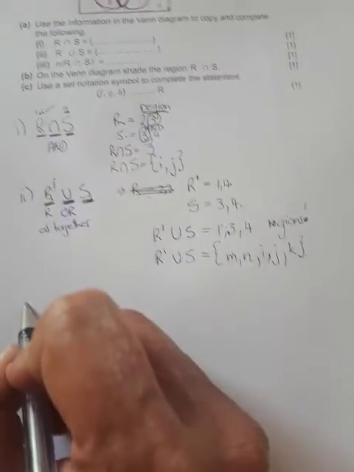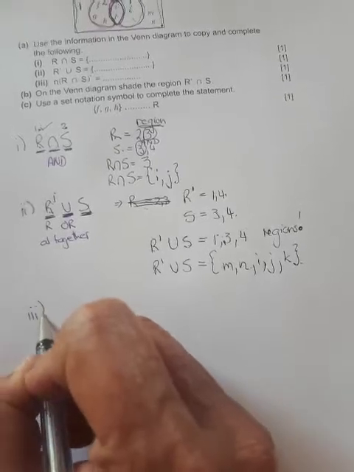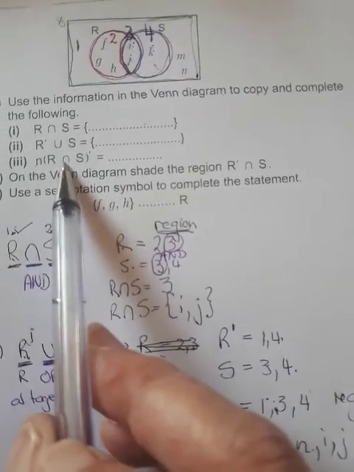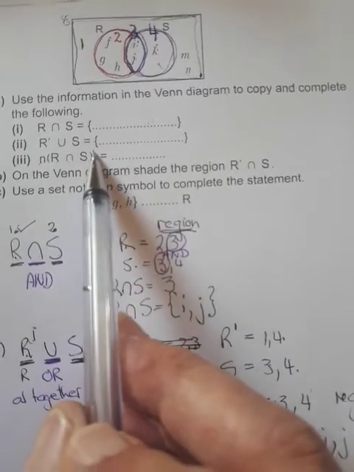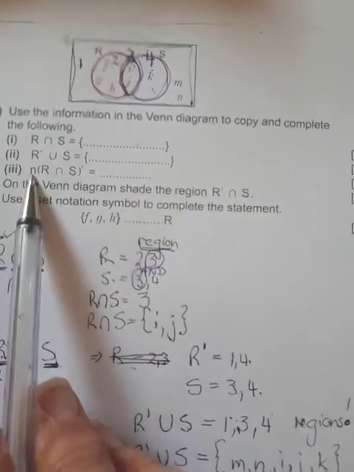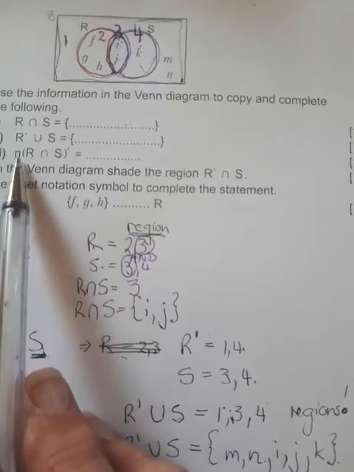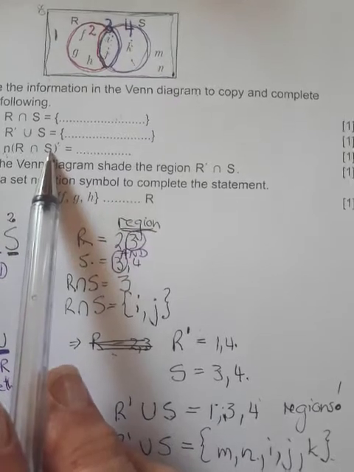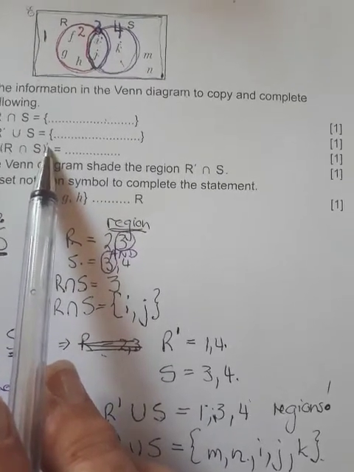All right. Then if we look at Roman 3, n of R intersection S complement. N stands for number of elements. So what is the number of elements in R intersection S complement?